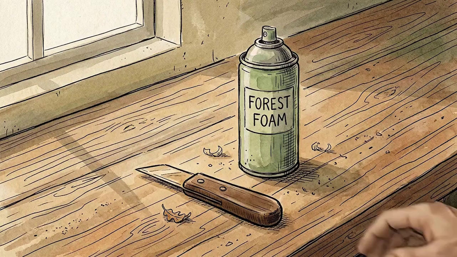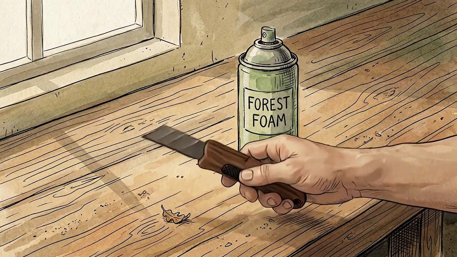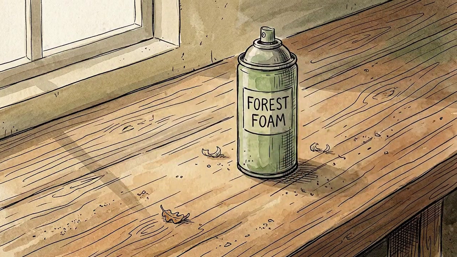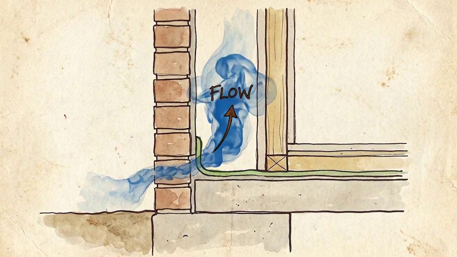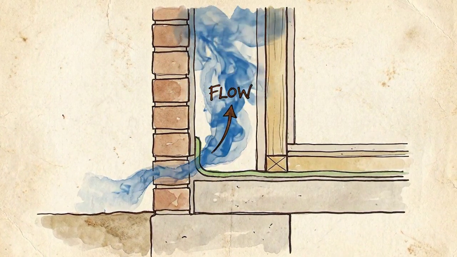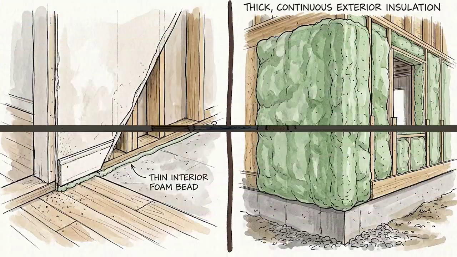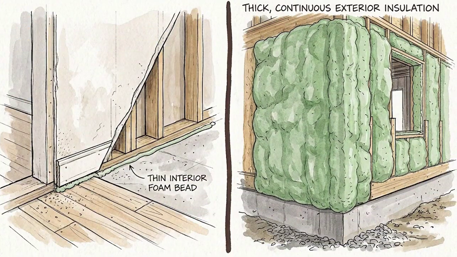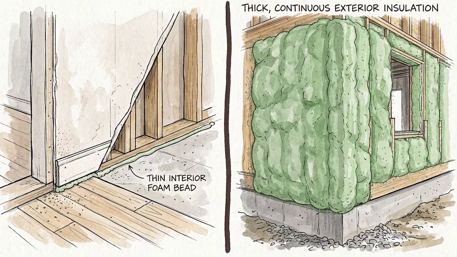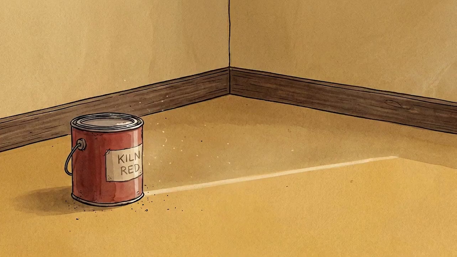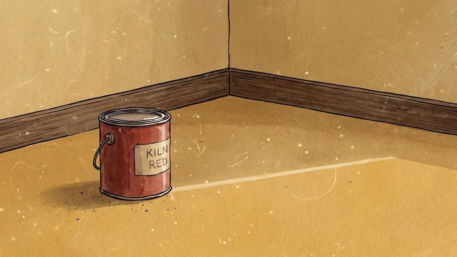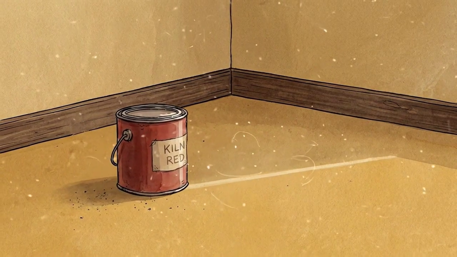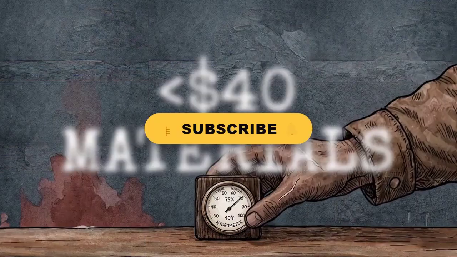This is a weekend fix. It costs under $40 in materials. It does not solve the underlying condensation mechanism, but it removes the specific accumulation point that the mold is feeding on. The permanent solution requires the exterior foam. The temporary solution requires the foam at the base. Neither solution is paint.